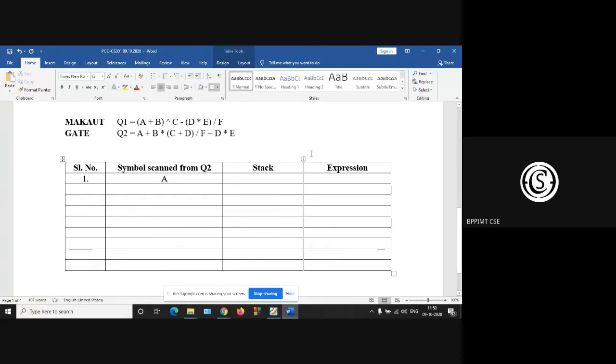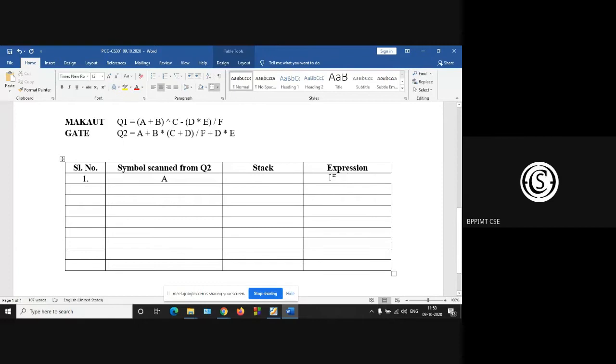The rule is, if you scan an operand, then don't put this operand in the stack, as we are interested in evaluation of postfix, just put it in the expression.